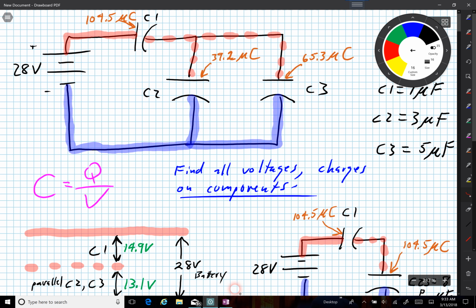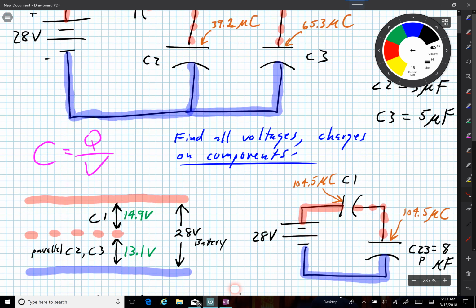So that's a check. That's how you can check yourself. If these two charges add up and give you the same result as you got when you created a parallel combination out of those two capacitors, then you've done it right.